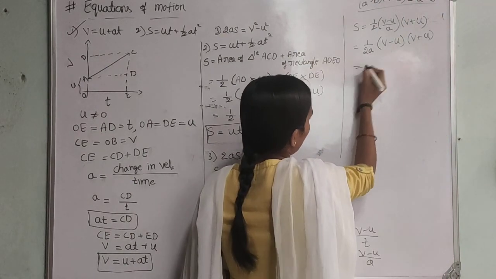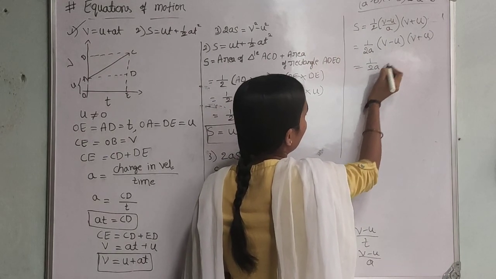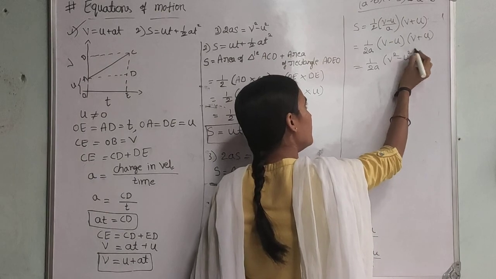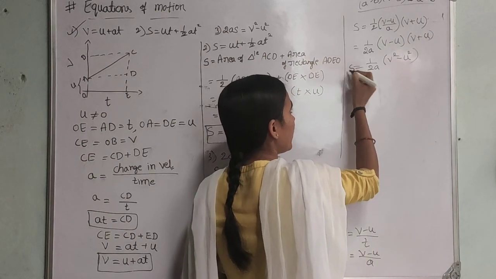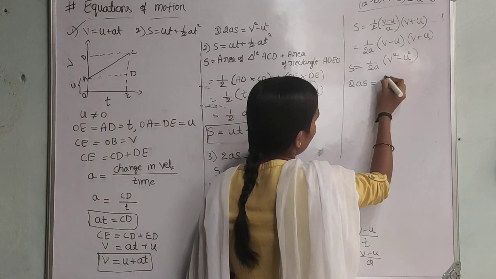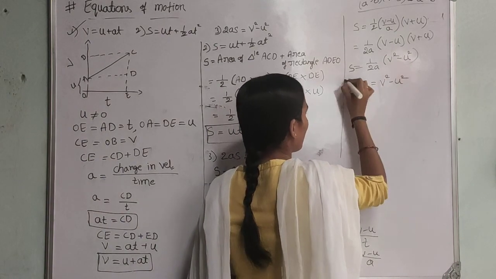So here A is V, B is U, so cross multiplication: 2as is equal to V square minus U square.